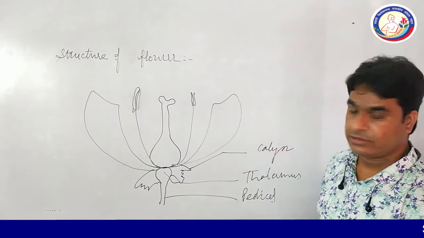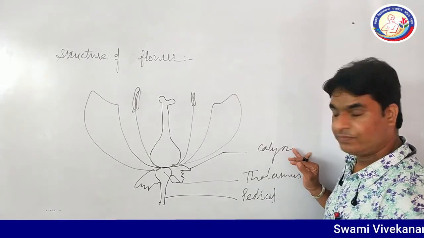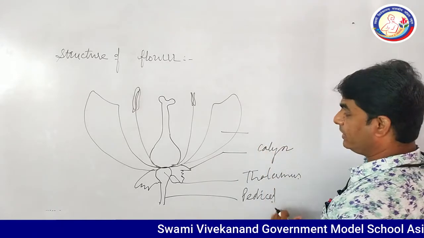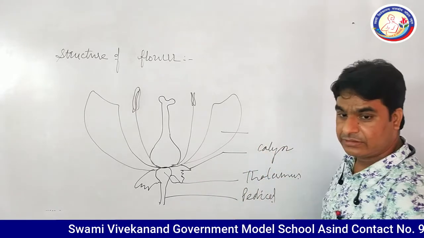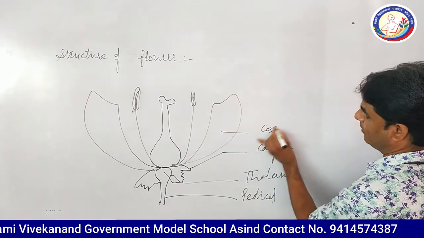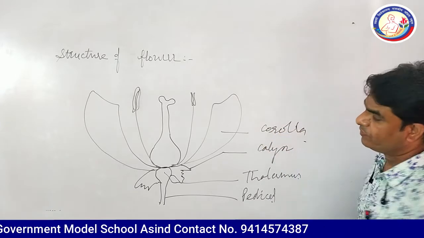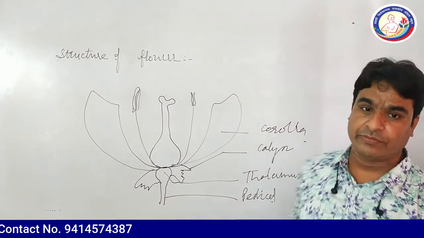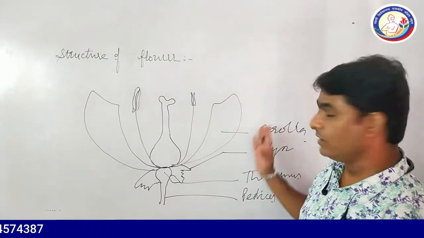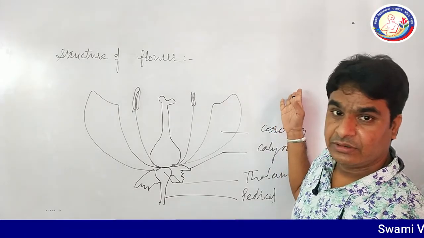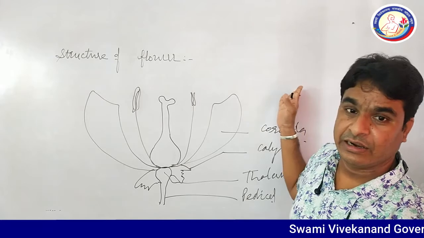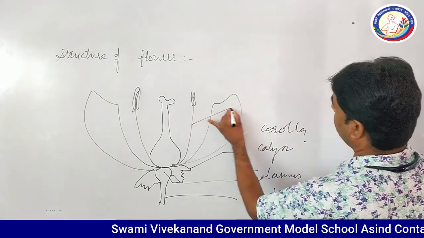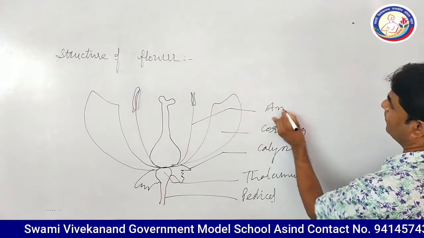In most plants, the calyx is green in color, and the second whorl, located just above the calyx, is known as the corolla. The corolla, in most plants, is colorful. You can see it is yellow in mustard, red in hibiscus, and the inner whorl is the androecium.